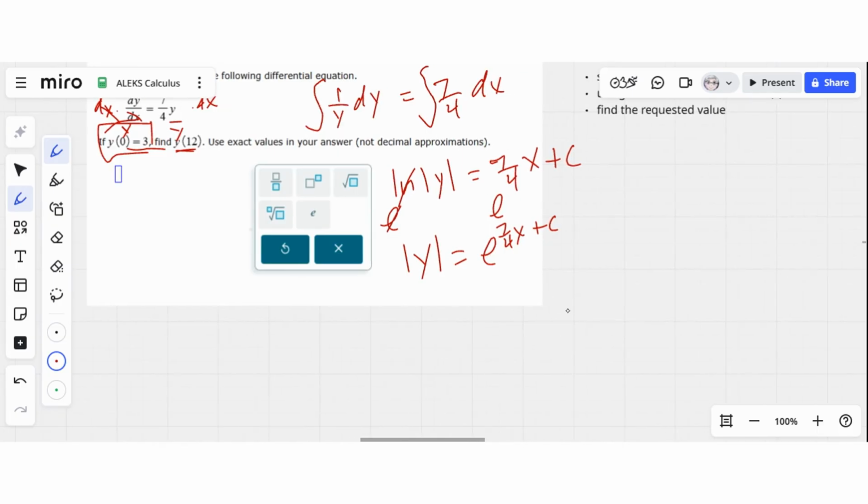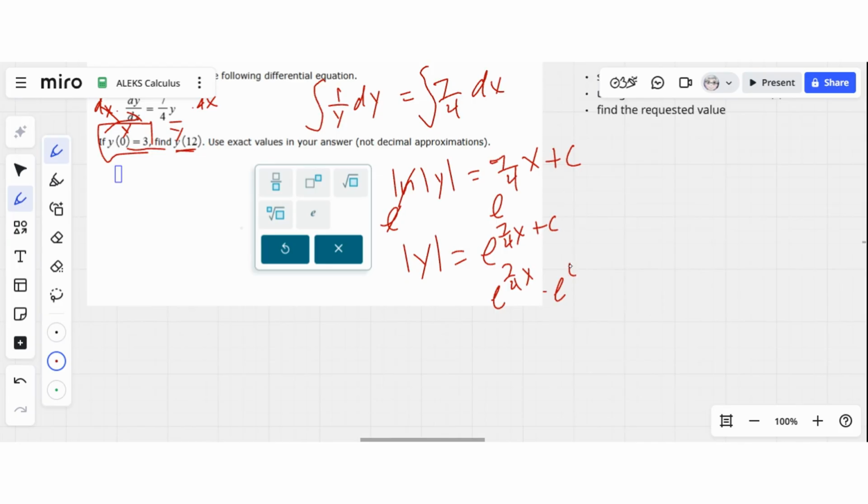And here's actually the tricky bit that maybe you've forgotten in manipulating your exponents. If we've got a power plus another power, I could rewrite this as e to the 7/4 x times e to the c. When you're multiplying the same bases, you add exponents. So that's just what I've done here.